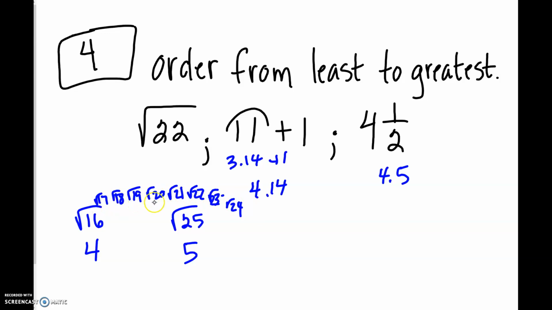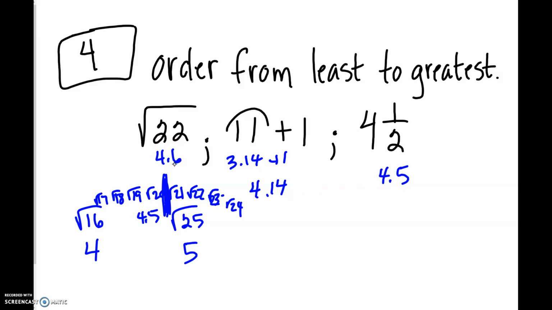So 1, 2, 3, 4 right here. This would be your 4.5. So is the square root of 22 definitely bigger than that middle 4.5? So when I wrote them all out, it is definitely bigger. So we're going to have to say that's about 4.6 or 4.7.